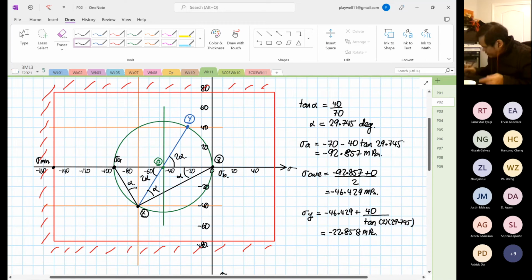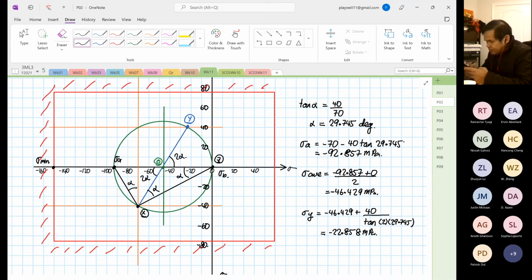Let me do it again, okay? 46.429 minus... plus 40 divided by tangent bracket 2 times 29.745 is 22.858, correct?